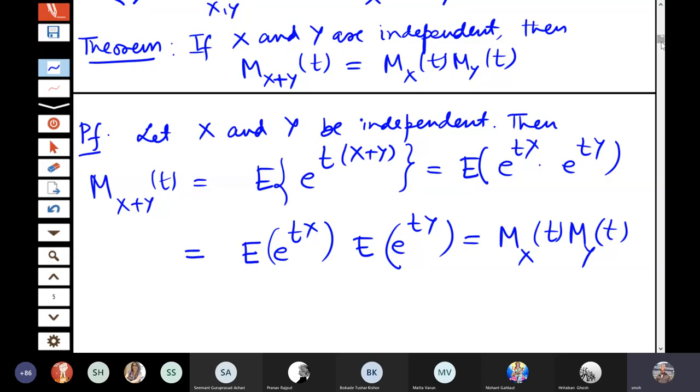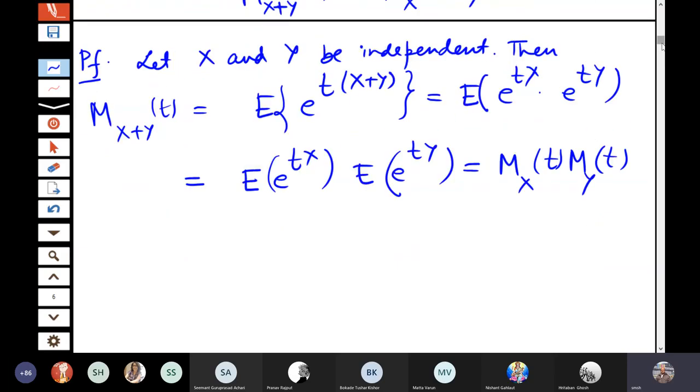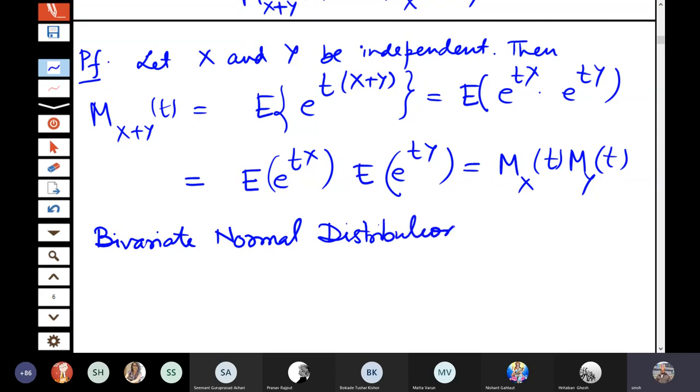Now I will take up one special one, so that I will discuss separately. That is nothing but the bivariate normal distribution. As the name suggests, it is actually a generalization of the univariate normal distribution to 2 dimensions.